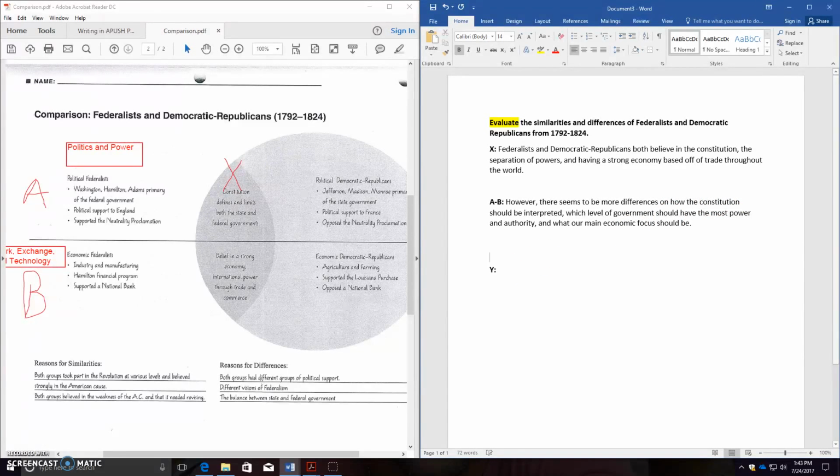And so now we are ready for our Y statement, which simply restates what we have come up with in our X and AB portions of the thesis statement.